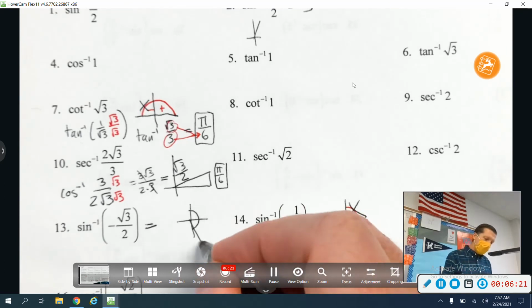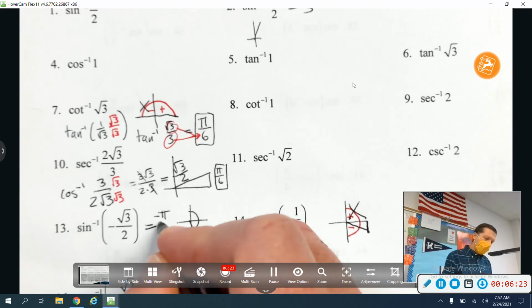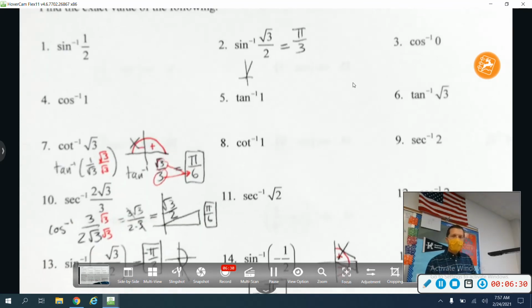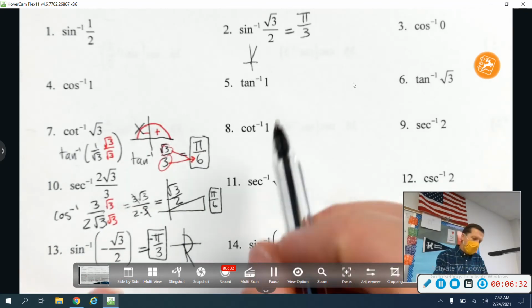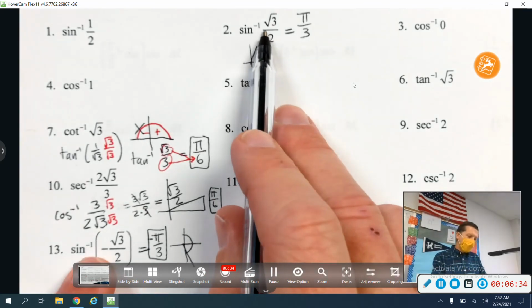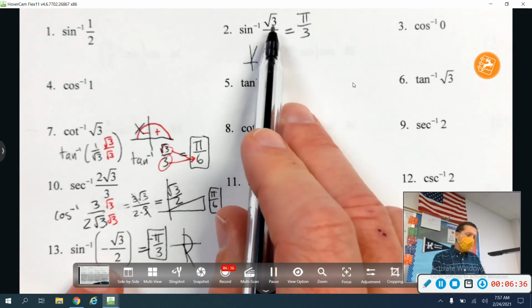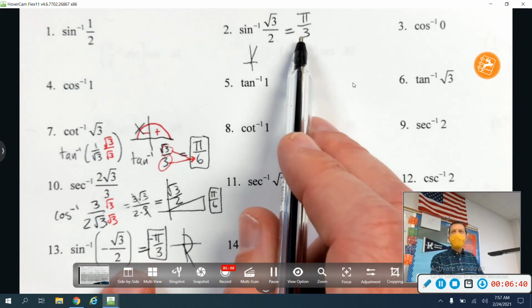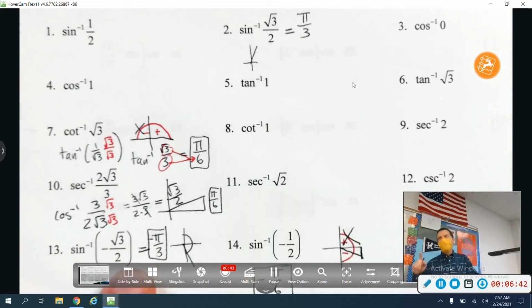Negative means it's got to be down here. So it's negative pi over 3. Okay, so your question is, looking at number 13 and number 2, like we changed the ratio from positive to negative, and that flipped the angle from positive to negative. That works for sine and for tangent, but it doesn't work for cosine.